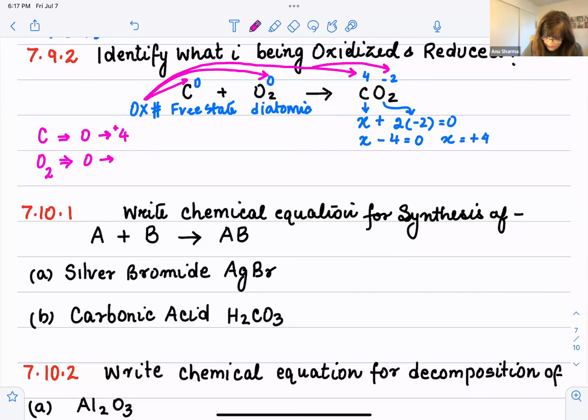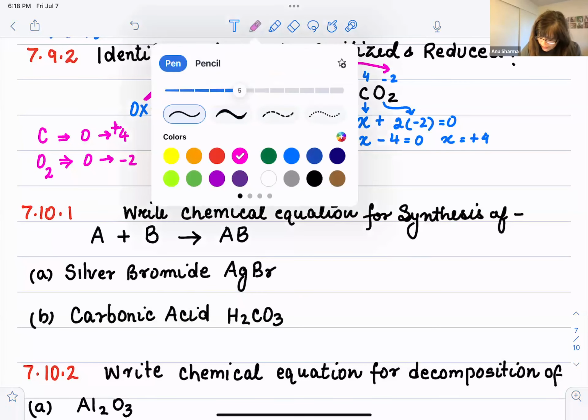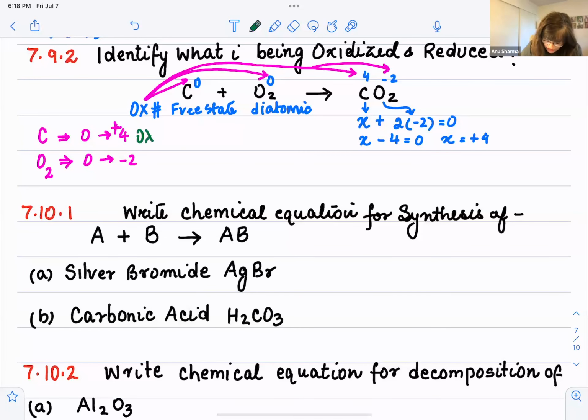Okay, so what is oxidized and what is reduced? When we move from a neutral state to a positive state, this is oxidation. So carbon got oxidized and oxygen got reduced. Keep in mind that an increase in the oxidation number from negative to 0 to positive is oxidation. Reduction is moving from positive to 0 to negative.